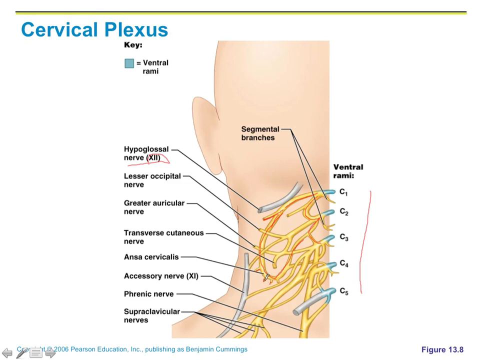There are three very important nerve branches: the omohyoid nerve, the sternohyoid nerve, and the sternothyroid nerve. Those nerves also regulate the thyroid bone and hyoid bone in our neck.